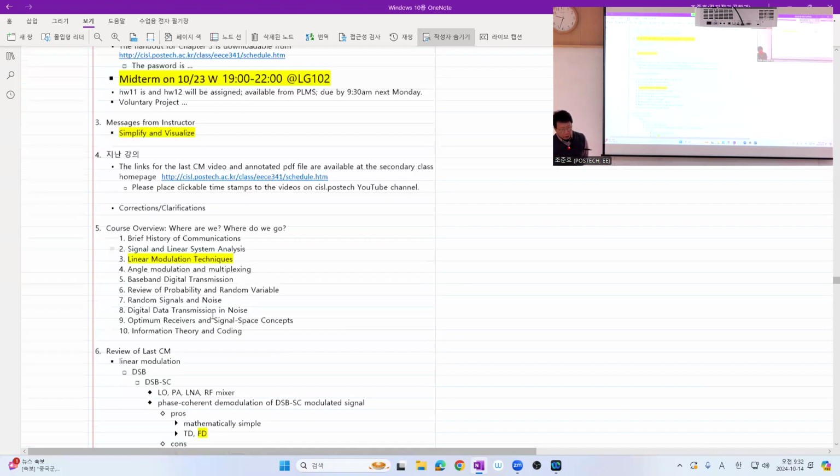Okay, so here goes the big picture. I hope we can finish at least chapter 3 before the midterm exam. As I told you, this chapter is the most important chapter in this course. It must provide you a solid foundation to study any communications, including digital communications, that is offered next semester.